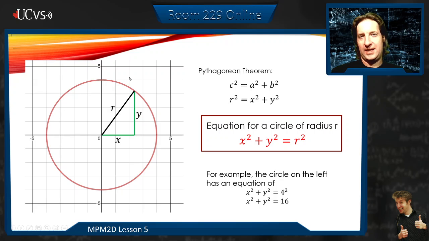Circles are strange in that it's not truly what we call a function. I'm going into grade 11 here, so I'm going to stop and just carry on. Just know that x squared plus y squared equals r squared. That's the big lesson, the big idea of today: x squared plus y squared equals r squared.